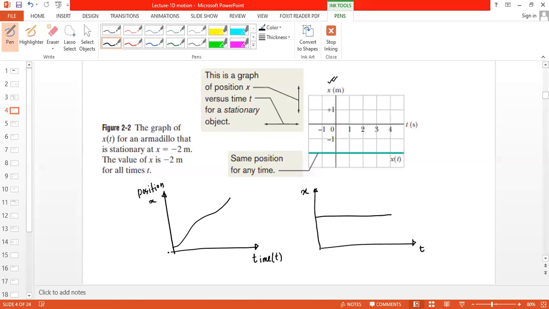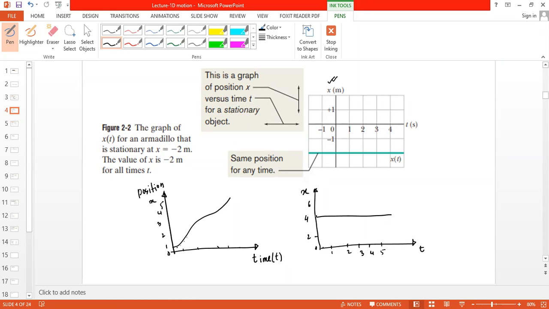If you use values like 0, 1, 2, 3, 4, 5, from this curve you see that as the time increases, the position is also changing. But here, let's say this is 0, 2, 4, 6, and time is 1 second, 2 second, 3 second, 4 second, 5 second.